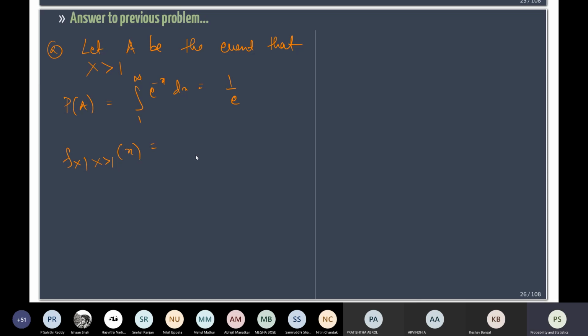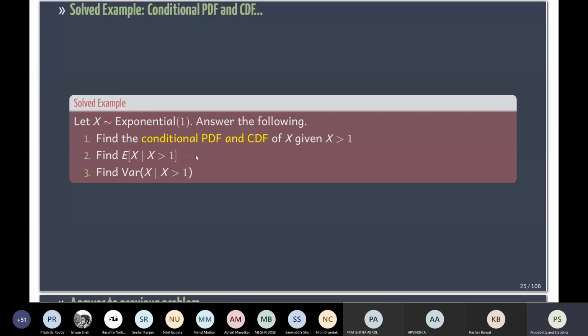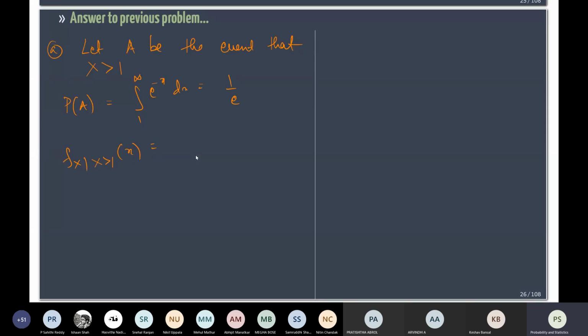How are we supposed to find it? 1 over e is given to us, and we are to find the conditional PDF and CDF of x given x greater than 1. So what do we do here?